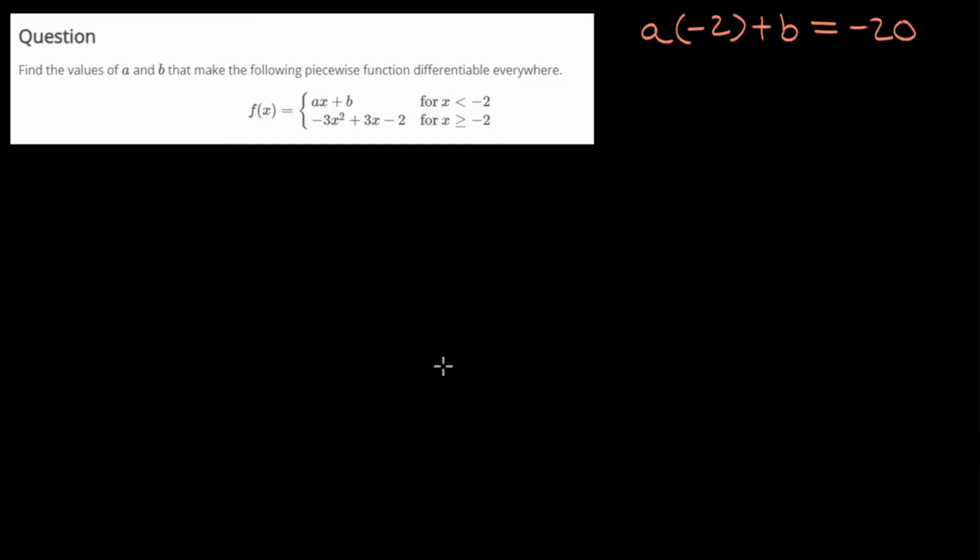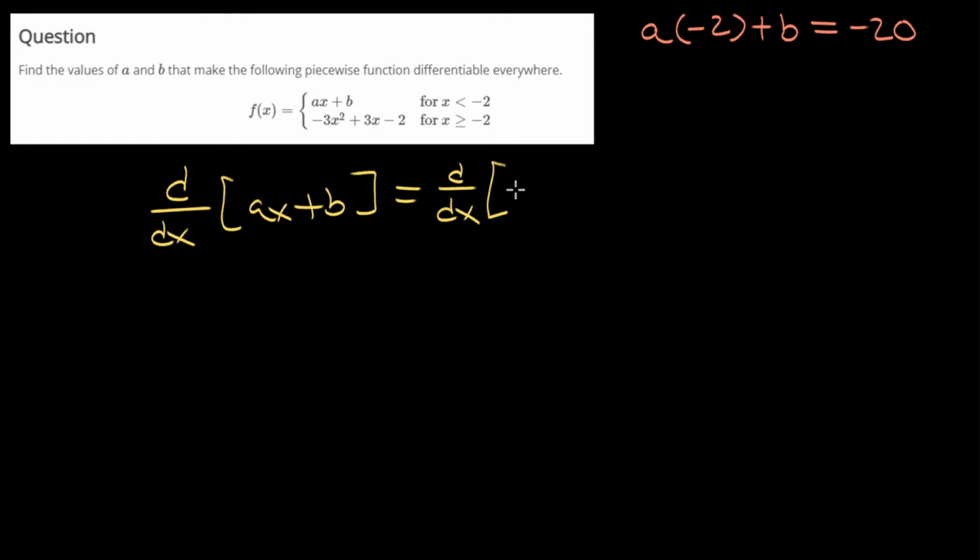We have to set the derivative d over dx of ax plus b equal to the derivative of -3x squared plus 3x minus 2. Okay. Now, the derivative of ax plus b is just a.